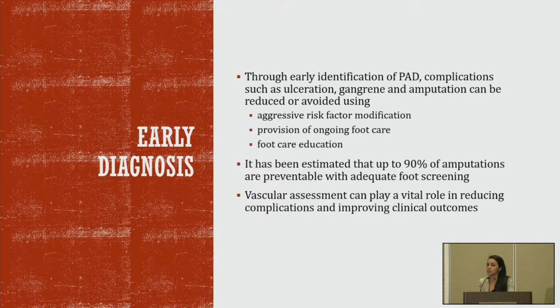Early diagnosis: when we typically see lower extremity pain, you do want to go through a very thorough physical exam. If you do routine foot screening on these diabetic, at-risk referral patients, you can actually prevent amputations by approximately 90%.